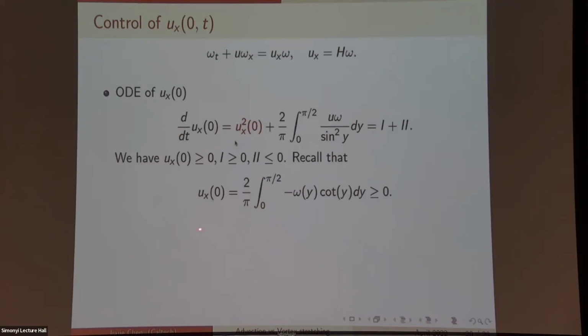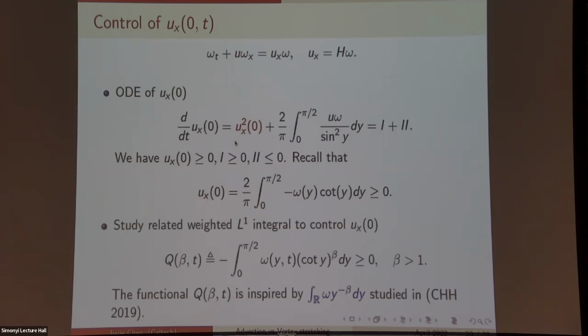Alternatively, we observe that this quantity can be written as the weighted L1 norm of the vorticity. So this actually motivates us to estimate another quantity, which replaces 1 by beta. So instead of estimating this integral, we estimate a more singular one. Beta is bigger than 1, so this part is more singular.